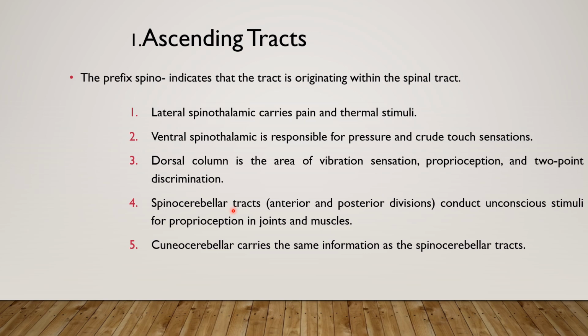Spinocerebellar conducts unconscious stimuli for proprioception in joints and muscles, and cuneocerebellar carries the same information as the spinocerebellar tract, that is conduction of unconscious stimuli. So these are sensory in nature. That is why they are called ascending. They convey information from different parts of the body to the concerned area of the brain.